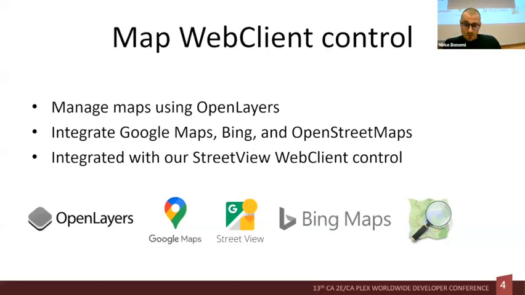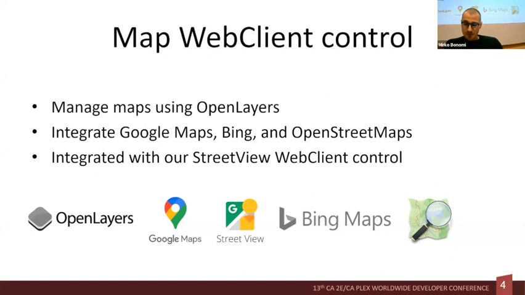The first WebClient control is to manage maps using OpenLayers to integrate general maps such as Bing, Google Maps, and OpenStreetMap, and active maps, which represent the surveyed objects. OpenLayers is a powerful open source JavaScript library for building web mapping applications.